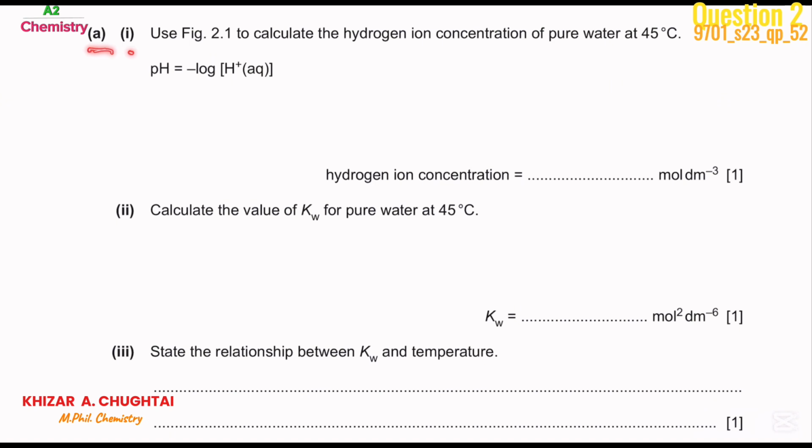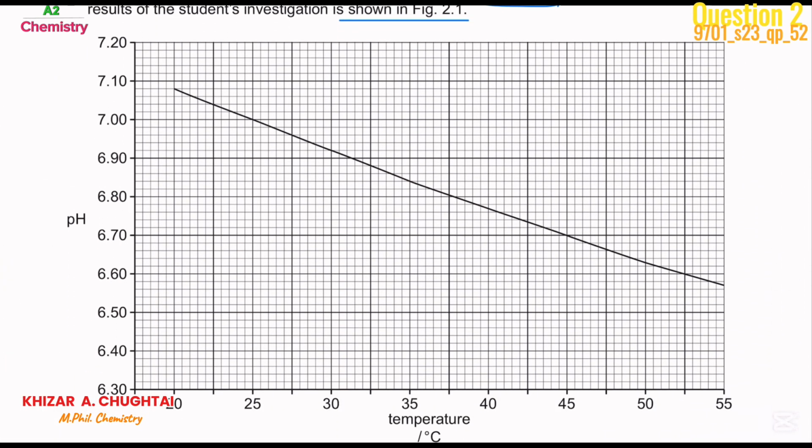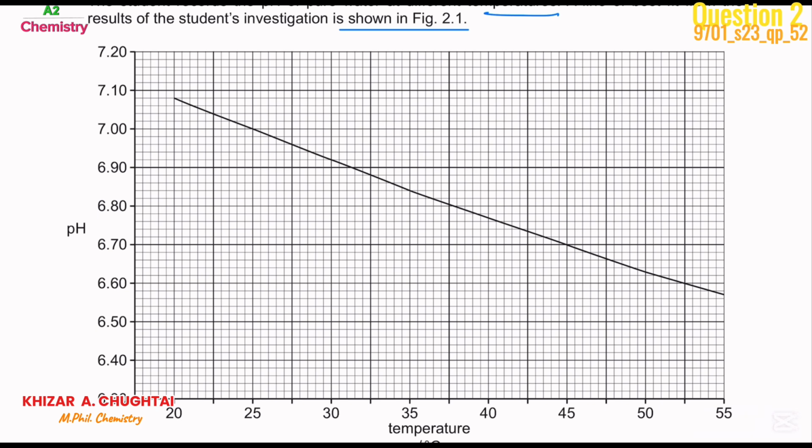Part A1: use figure 2.1 to calculate the hydrogen ion concentration of pure water at 45 degrees Celsius. The formula of pH is given over here, that is minus log of H positive ion concentration. So I'm going to use this graph to find the pH versus temperature. Here is the temperature, here is the pH, and here is 45 degrees Celsius.